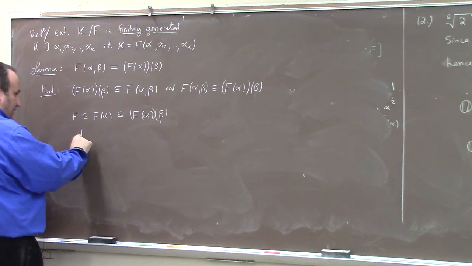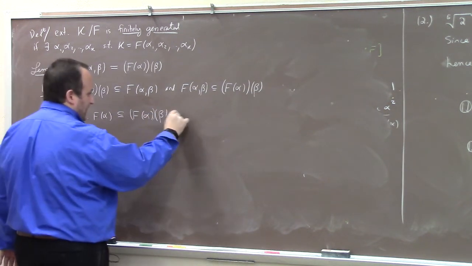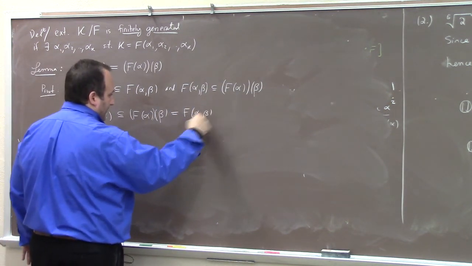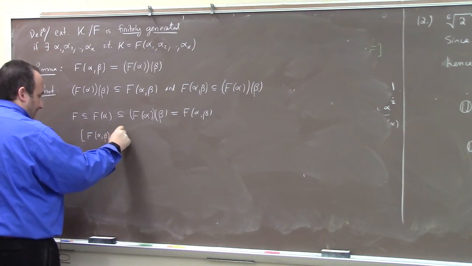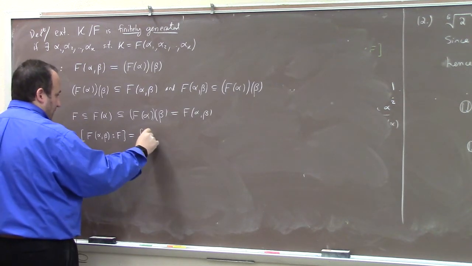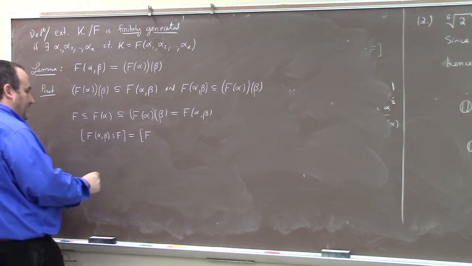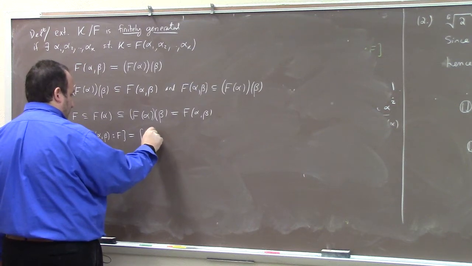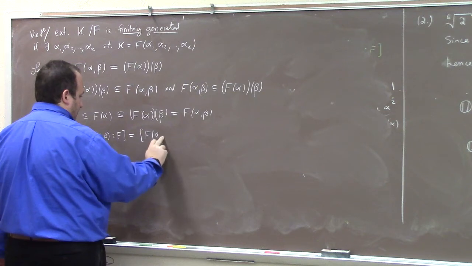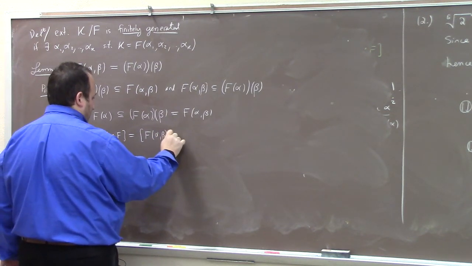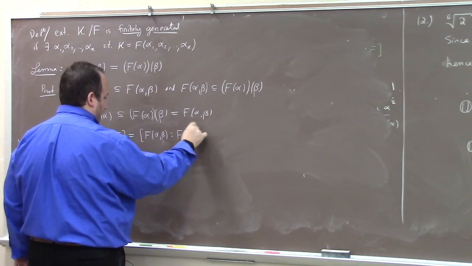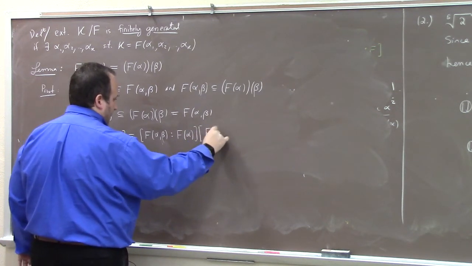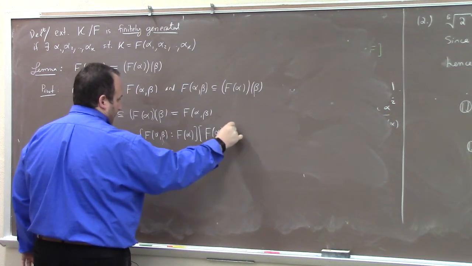This tells us that the degree of F(alpha, beta) over F is equal to the degree of F(alpha, beta) over F(alpha) times the degree of F(alpha) over F.